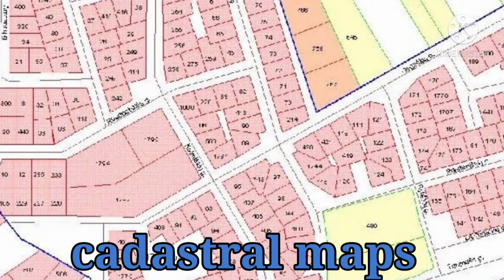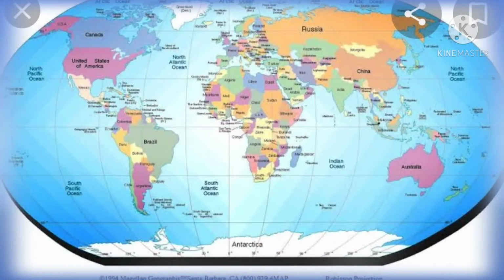First one, cadastral maps. Cadastral maps are also known as plans. What is a plan? A plan is a sketch of a building, school, church or a house, drawn to scale. It is a blueprint of the structure.